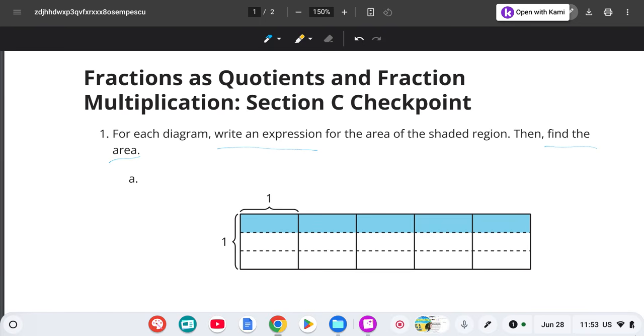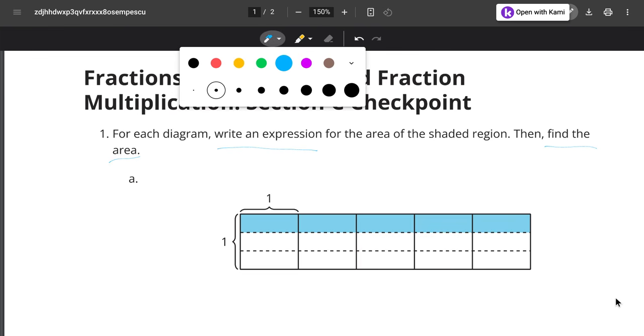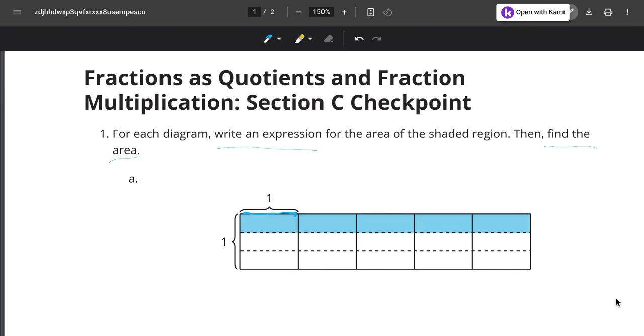What we need to ask ourselves is, what factors do we see being multiplied together? First of all, I notice that I have one whole here, but I don't just have one whole. In my columns, I have one whole, two wholes, three wholes, four wholes, and five wholes.